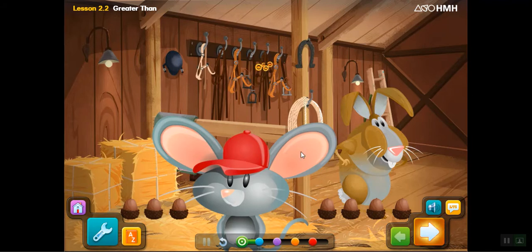Or is 4 more than 3? Okay, we would like to say, and I know you know this, that 4 is greater than 3 because you know that 4 is more than 3. You can see it too. You can see just by looking that this set has more acorns. This set is greater. Let's do a little bit more practice together.